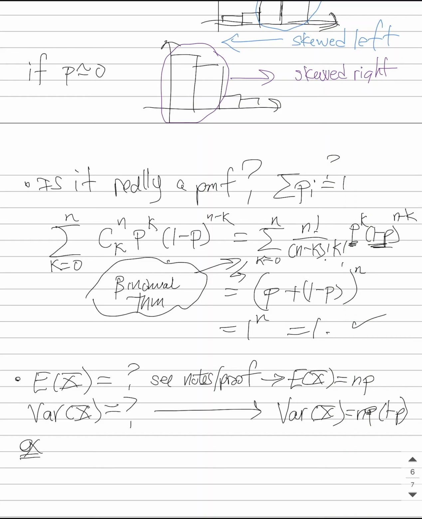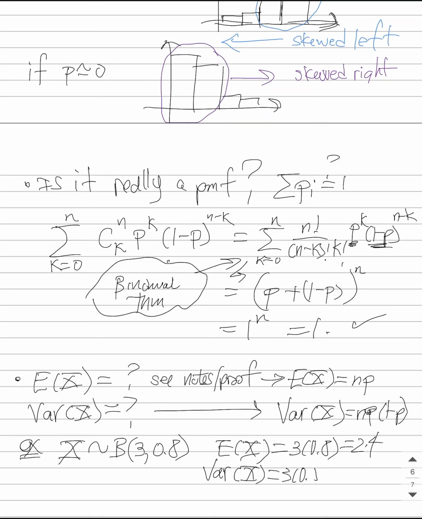So in our example, where we have a binomial variable with 3 and 0.8, the expected value is 3 times 0.8, which is 2.4. The variance would be 3 times 0.8 times 0.2. So they all turn out to be very straightforward numbers, very straightforward to calculate.